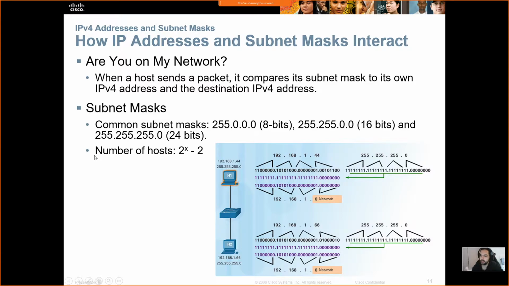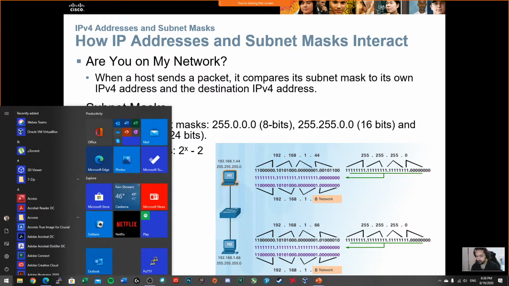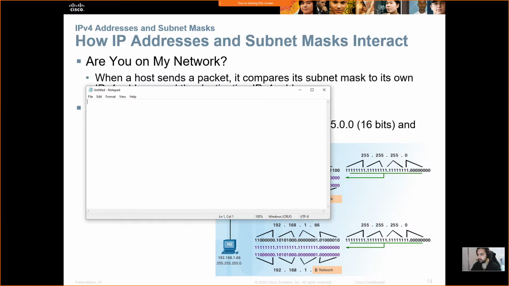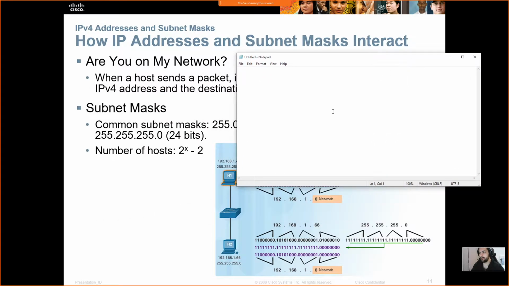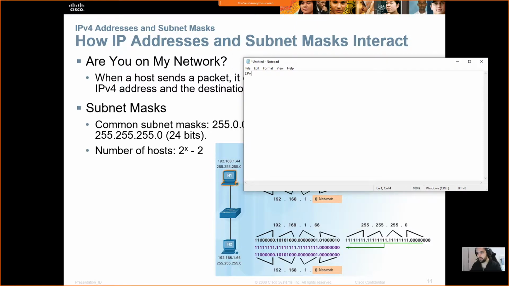We can calculate the number of hosts that a subnet mask allows us to have. So if I have an address, for example, 192.168.1, I'm just going to give an example for you guys. Let's say I have an IPv4 address, 192.168.1.0.